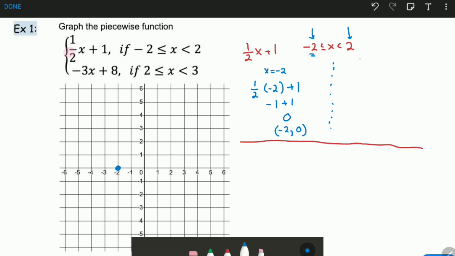Now my second endpoint is x equals 2. Remember, 2 is not technically included, but we still need to use that as the endpoint because that's about where the function is going to be approaching. It just won't ever actually get there.